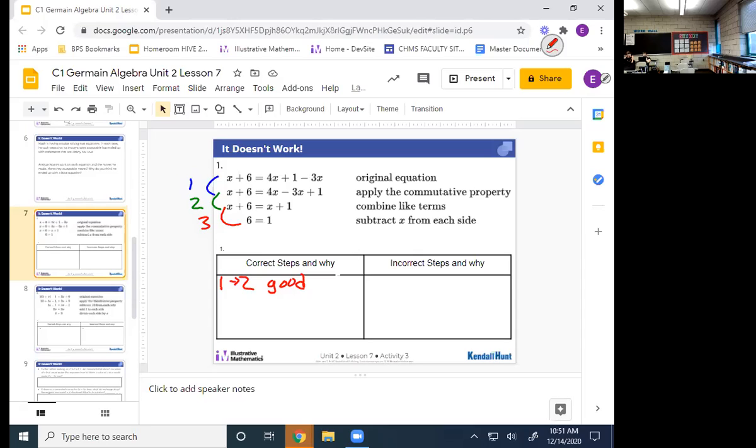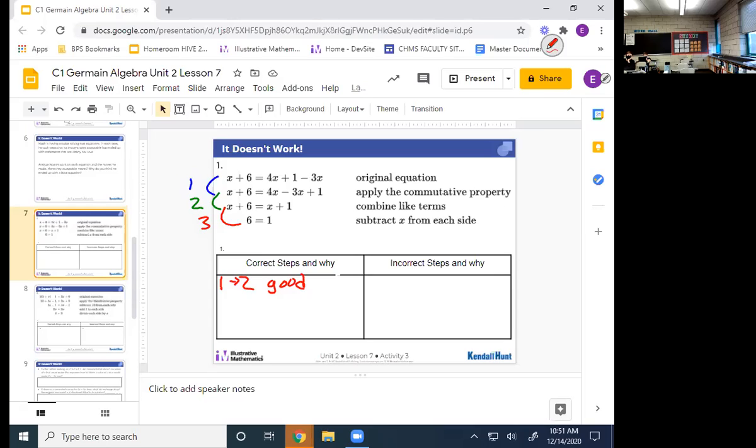Combining like terms does maintain equity if you do it correctly, right? So like if you have a 2x and a 3x, you would combine them to be a 5x. If you combine them to be a 1x, then you're not maintaining equity. But in this case, he did maintain equity because a 4x minus a 3x is in fact a 1x, right?